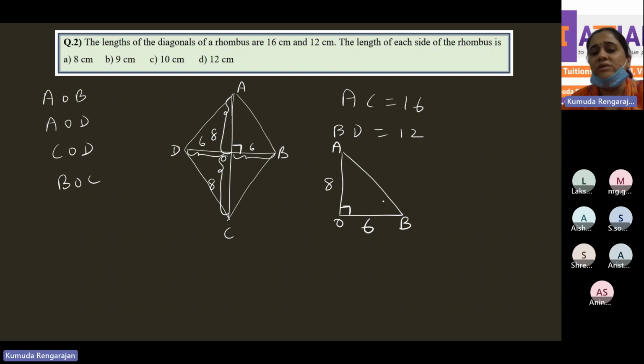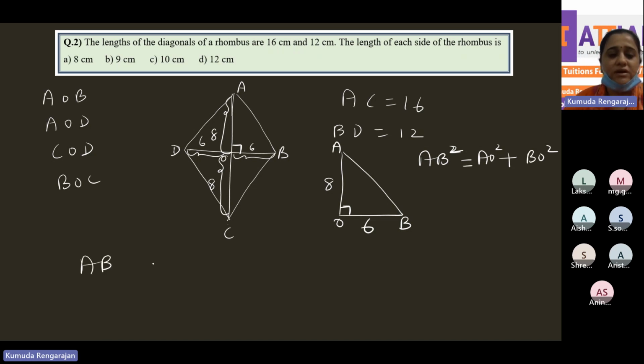Now, how do you find AB using Pythagoras theorem? It's a right triangle, so you can use Pythagoras theorem. What is the result by Pythagoras theorem? The square on the hypotenuse is equal to the sum of the squares of the other 2 sides. The 3 sides are AB, AO, and BO.